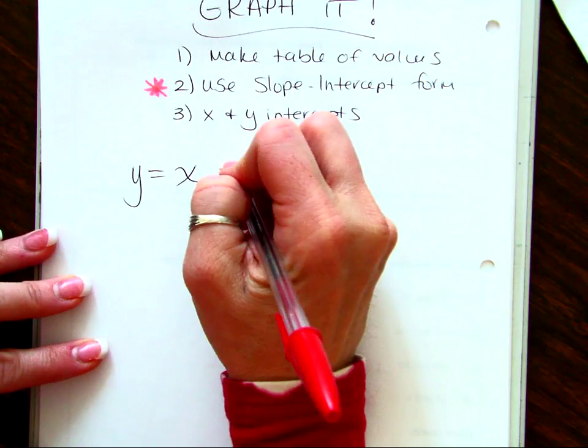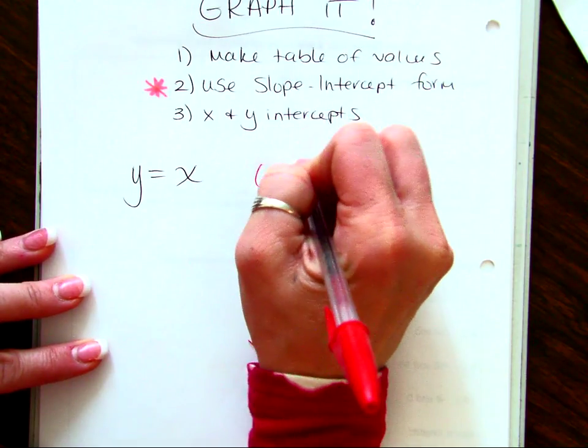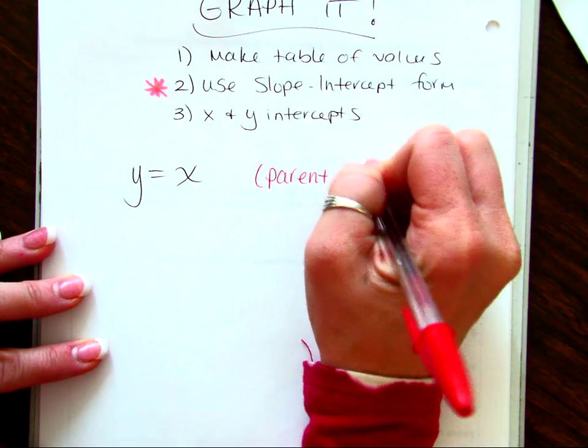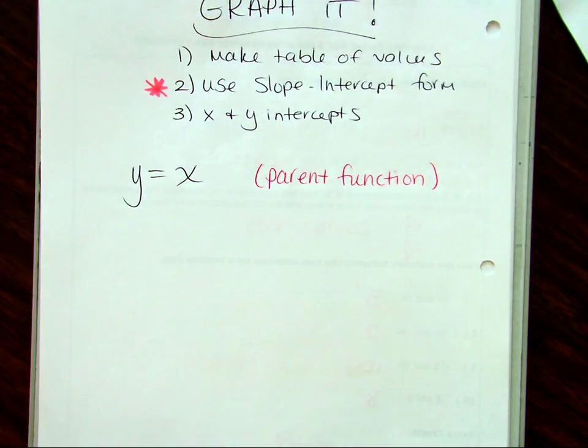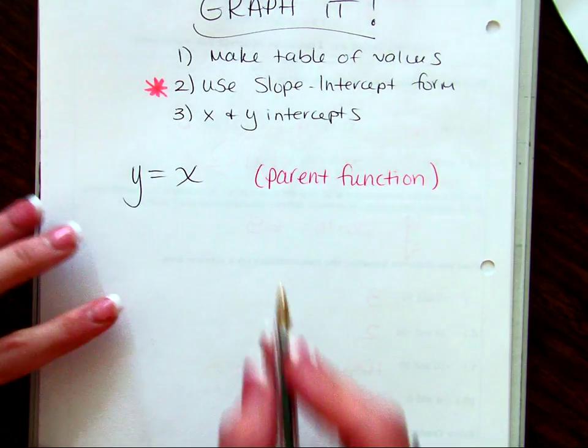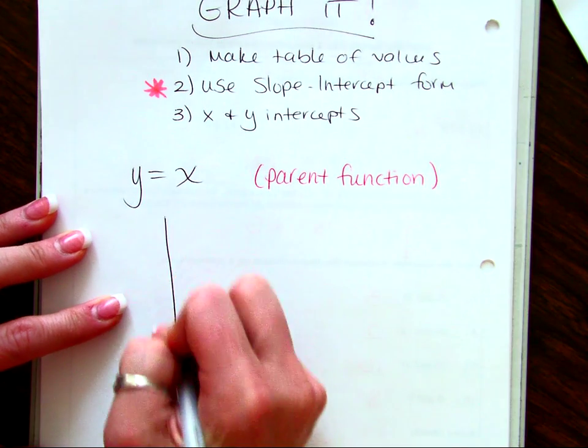Y equals x is considered the parent function. Kind of like we have standards that are called parent standards, right? And when we learn parent standards, underneath parent standards, there's like different ways to alter that, right? So a parent function looks like this.